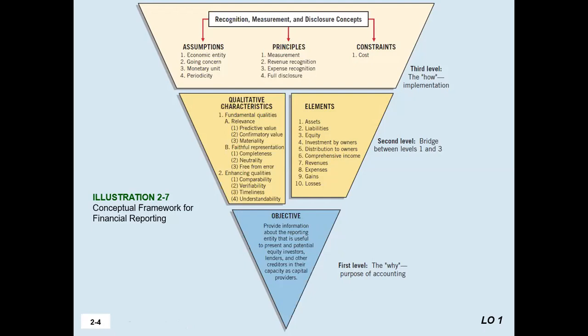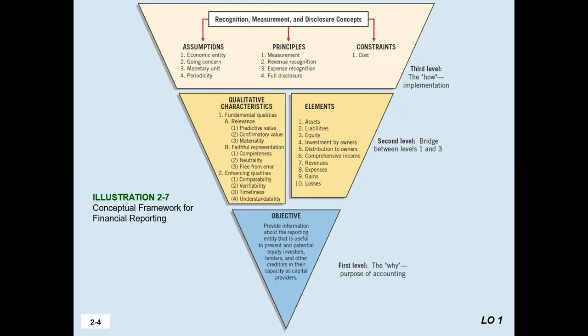Because remember, like we heard in chapter 1, this relates to the capital allocation process, right? If we're a company wanting to raise funds, we can do that by issuing stock, issuing bonds, taking out a loan. It all has to do with capital allocation, right? So that's the first level.